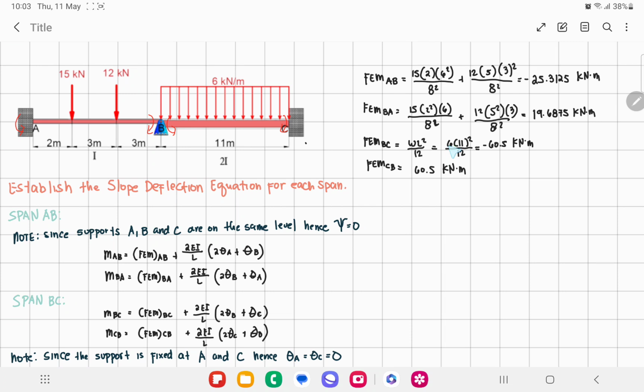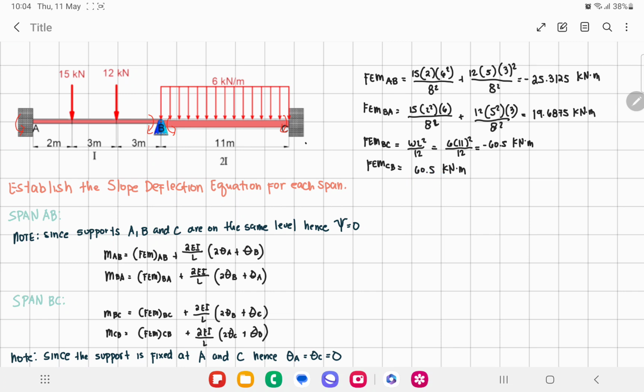So we have 6 na uniformly distributed load times the total length which is 11 squared all over 12. So we will arrive with this answer, negative 60.5, since ang assumption natin dito is counterclockwise siya. Okay? And then for the other fixed-ended moment, magkakaroon tayo ng equilibrium dyan. So yung ating moment dyan will just be the opposite of our FEMBC, which is equal to 60.5.